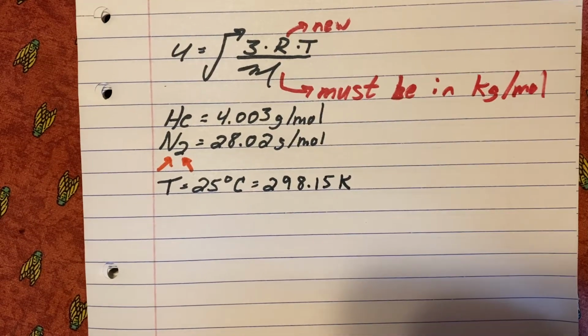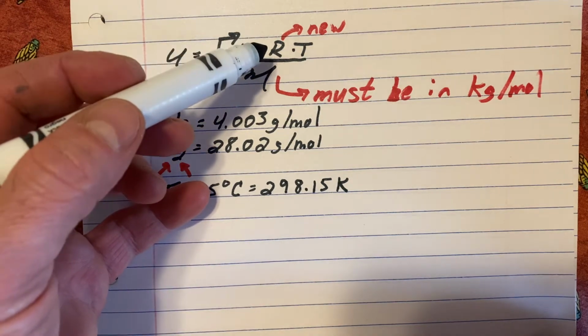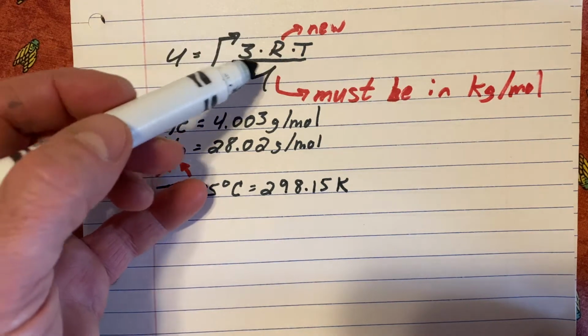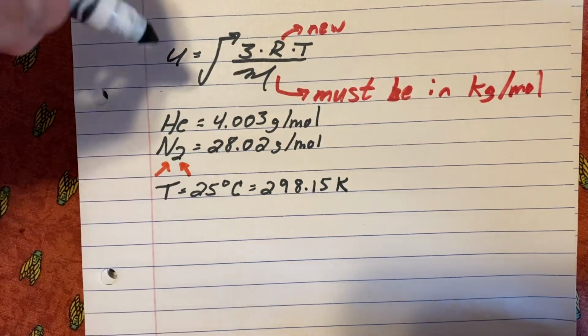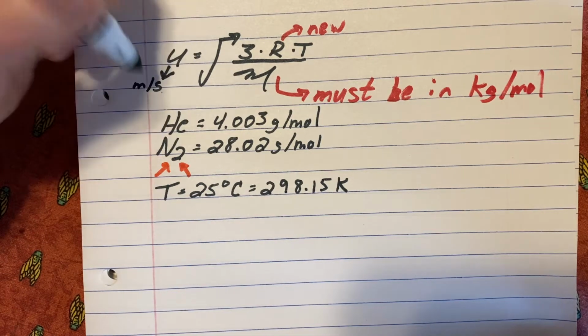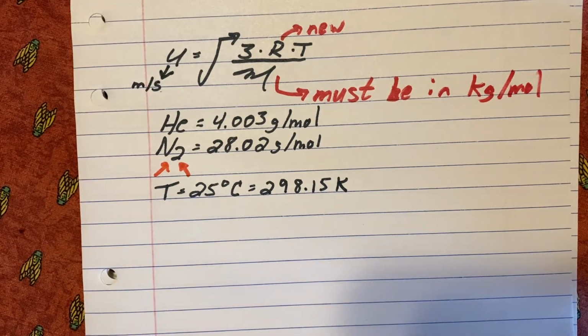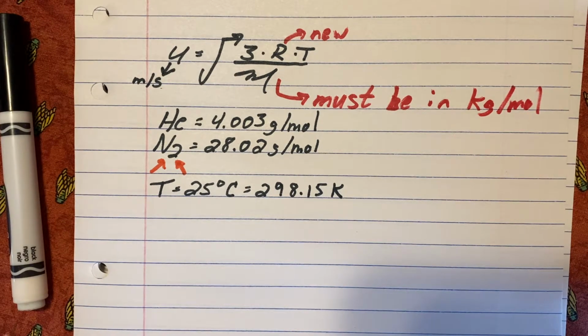It's pretty much cut and dry. We have all of our variables: the 3, the new R, our temperature, and the gram formula mass. That will give us the root mean square. The units for this are going to be meters per second, because those are the base units to measure speed or velocity, whichever one you want to call it. All right, so let's do helium first.